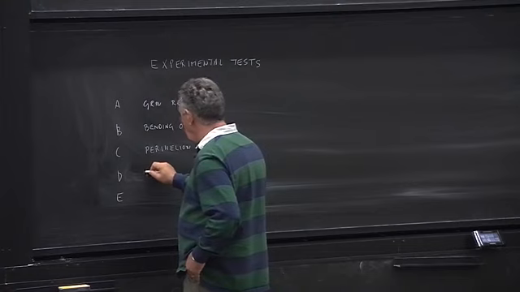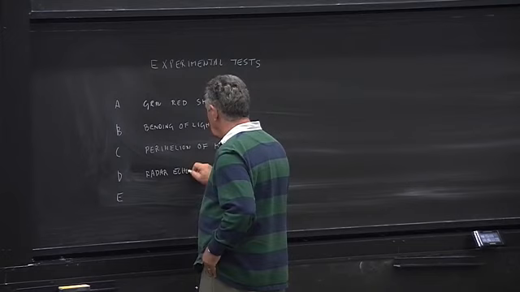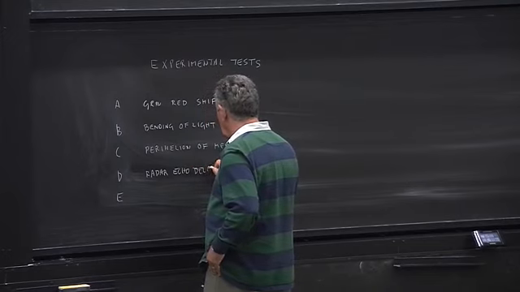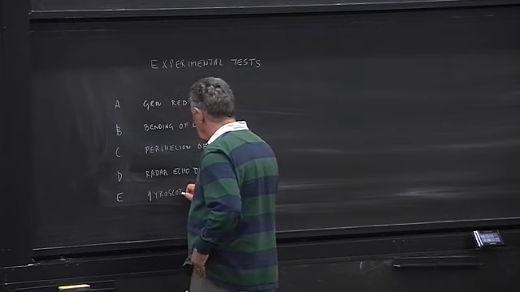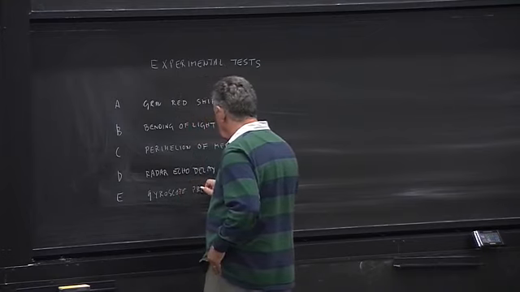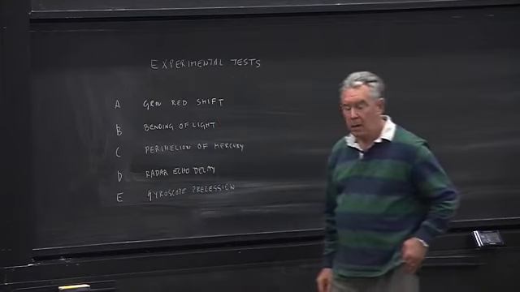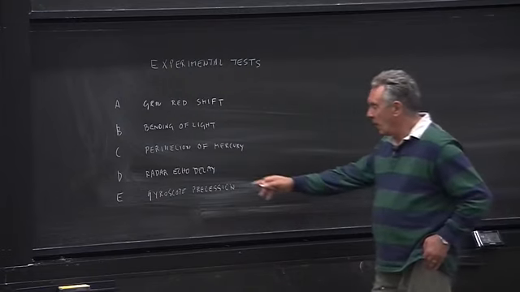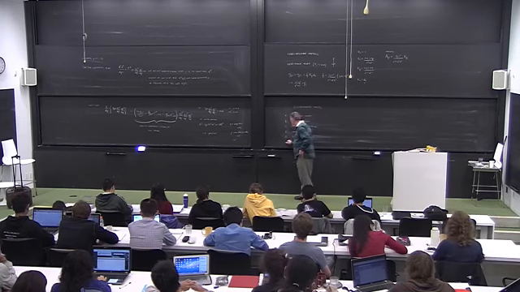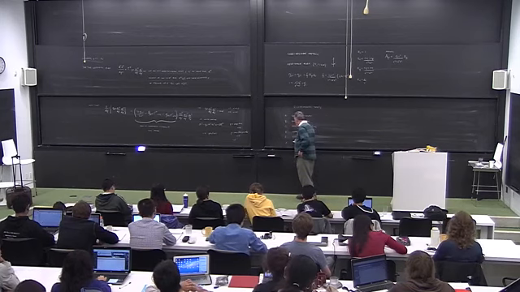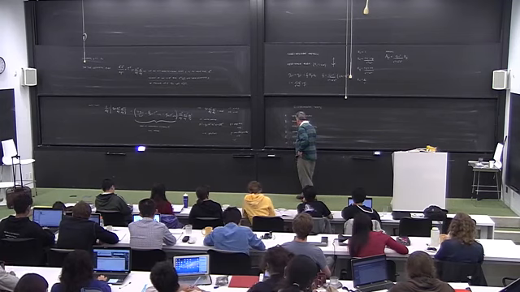And then he's added radar echo delay, and gyroscope precession. I don't think I mentioned this one yesterday, but we did mention radiation, gravitational radiation from binary stars.